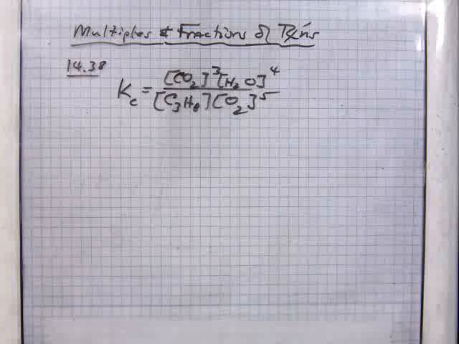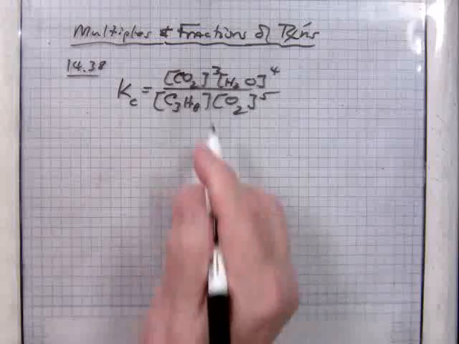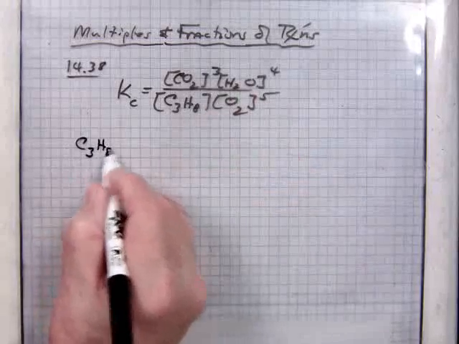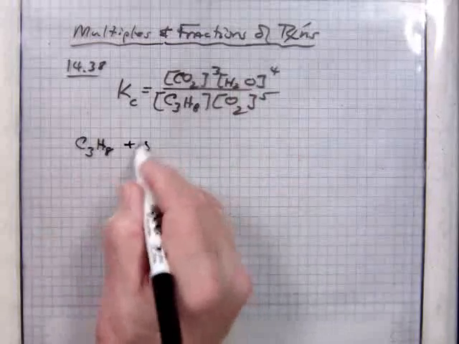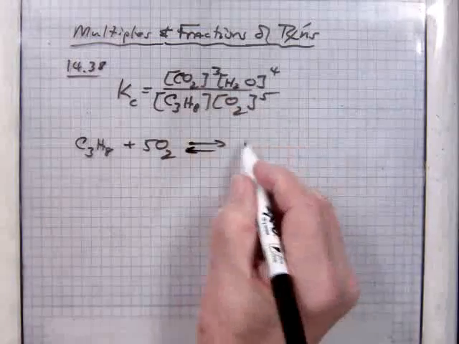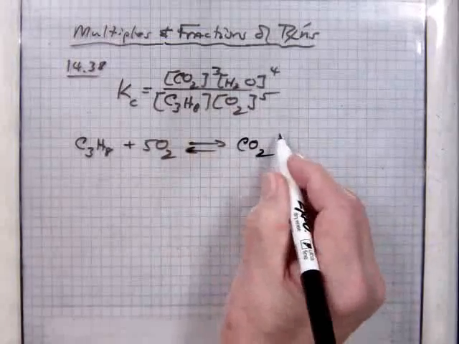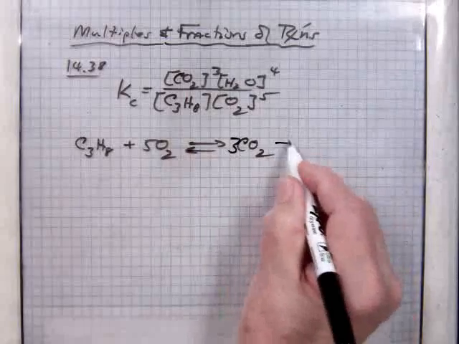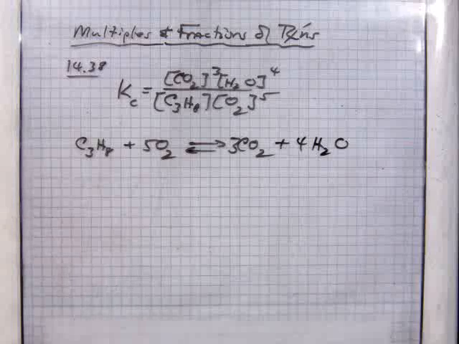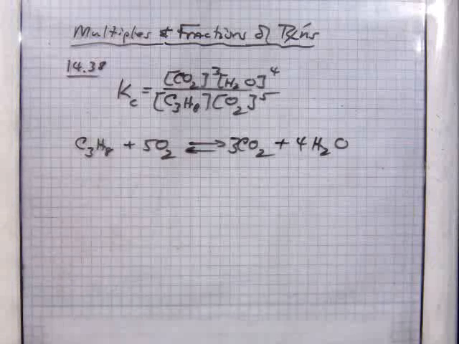Well, we've done that, but what I want you to do is write one for the reverse reaction that you divide by 2. So you have to write the reaction first. So products over reactants would be C3H8 plus 5O2, all gas, in equilibrium with 3CO2 plus 4H2O.